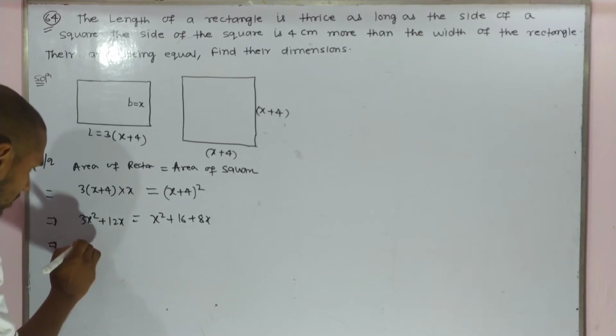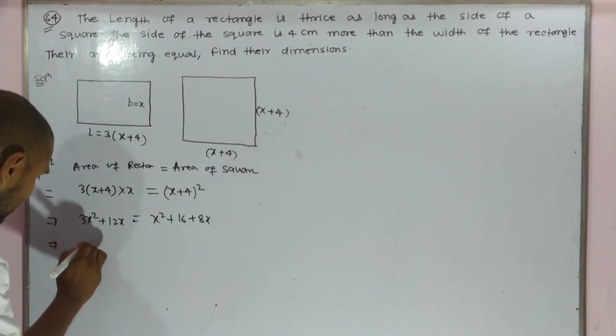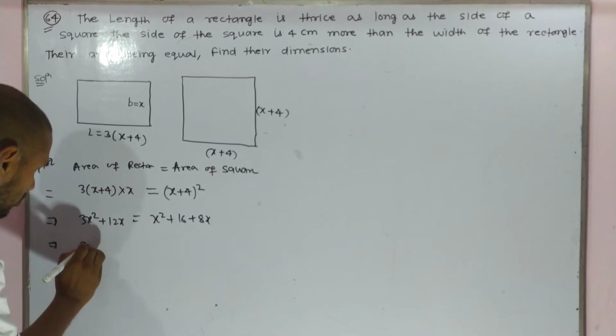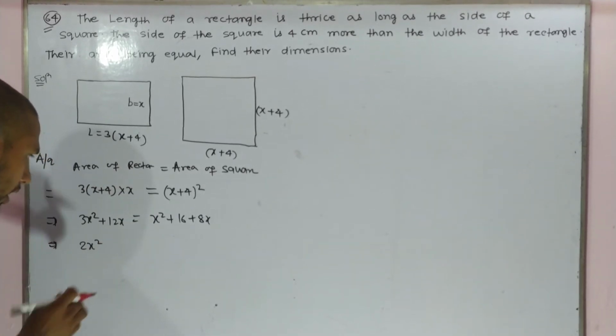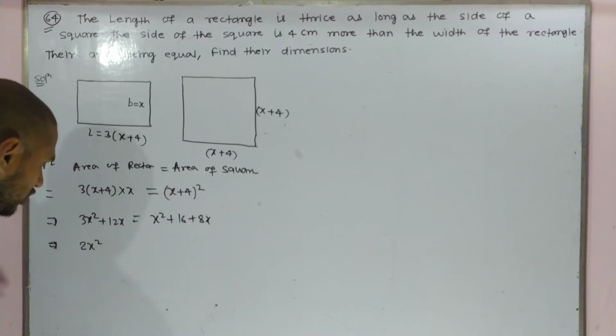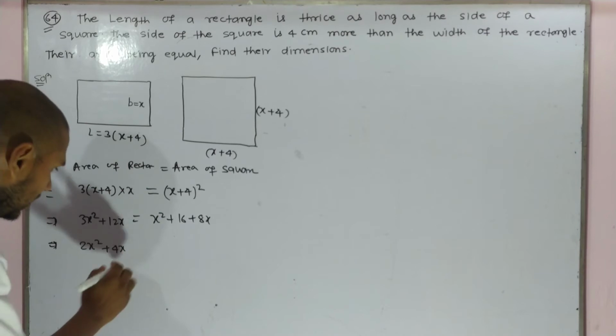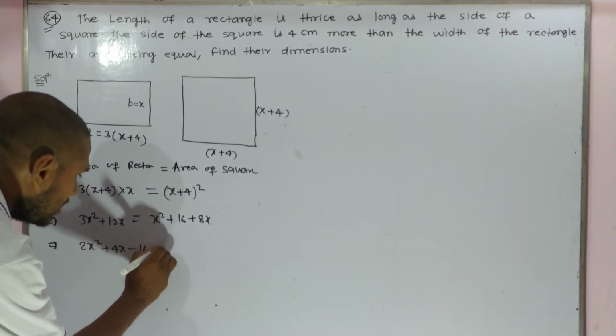If you solve these, 3x square minus x square becomes 2x square, and 12x minus 8x becomes 4x, and minus 16 equal to 0.